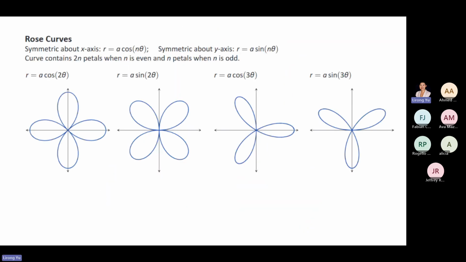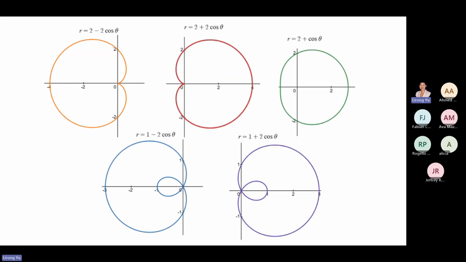All right, and this is the one I was mentioning earlier. These are called rose curves. When you have a double angle or higher-number angle inside the trig, so cosine of a higher number times theta or sine of a higher number times theta, you get a rose curve. Earlier we had cosine theta and sine theta, with only a single theta in the trig.